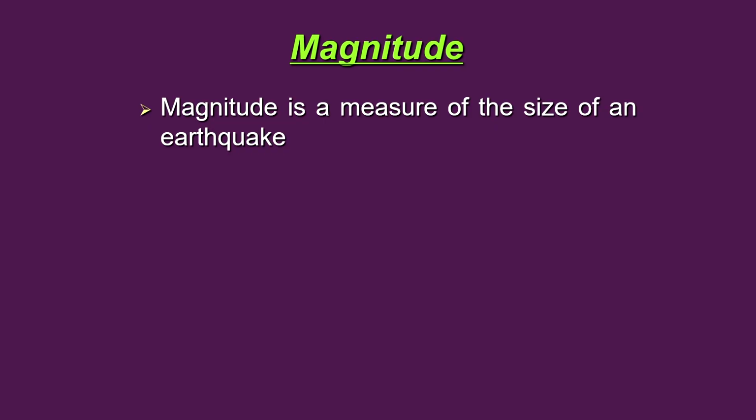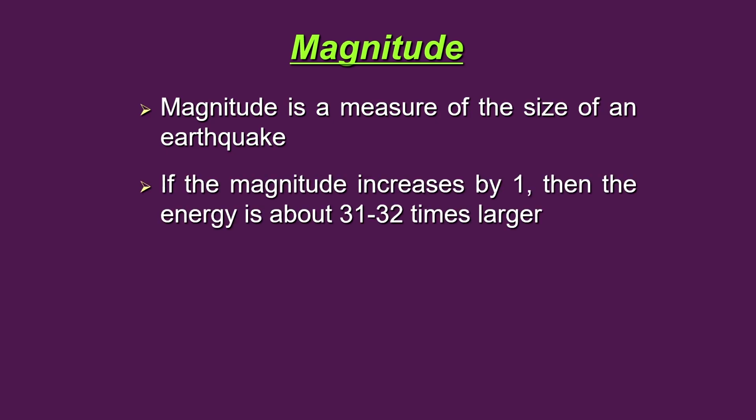Now, moving further about the magnitude, what we have discussed is that it is a measure of the size of an earthquake. If the magnitude increases by 1, and I have briefly mentioned this way back in one of the lectures, the energy released is much higher.